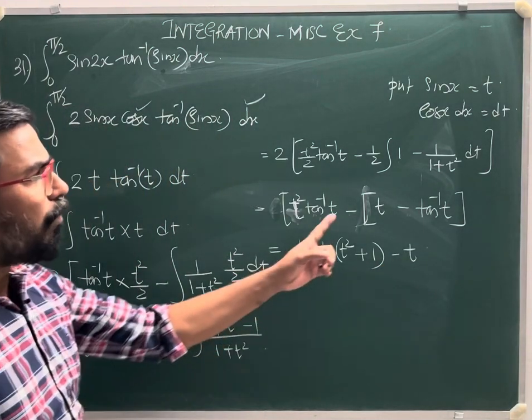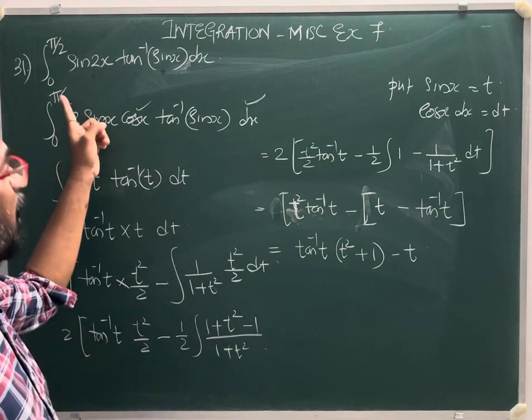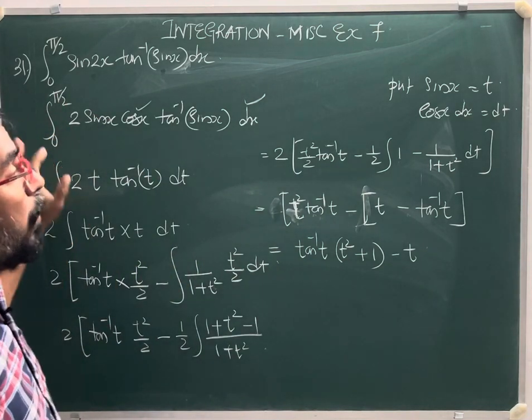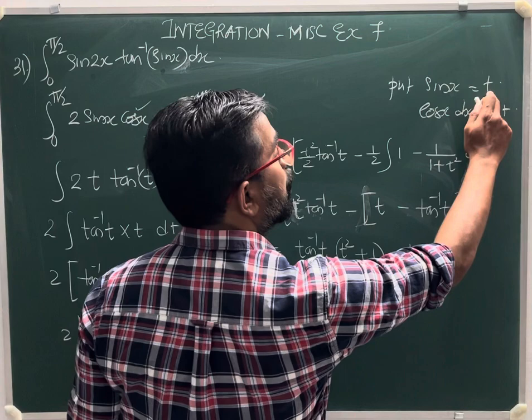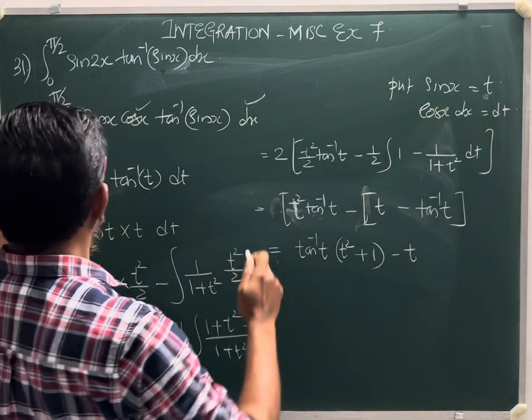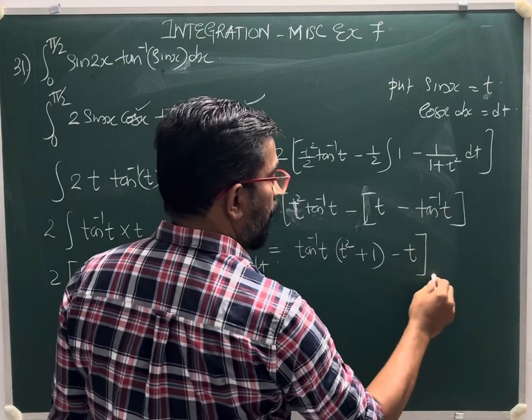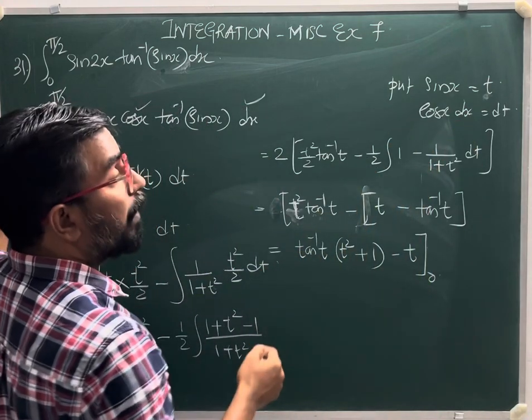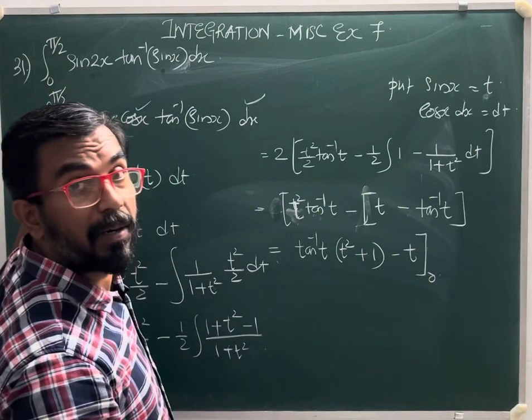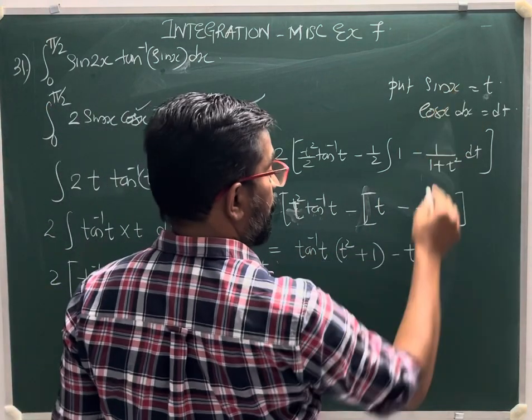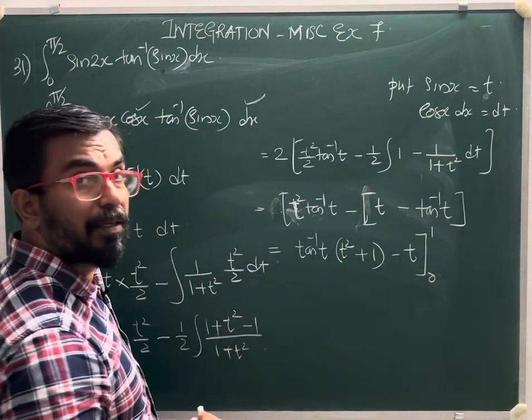Now we will put it back, otherwise we have to change the limit, or you can change the limit. When sin x is t, if x is 0, t also will be 0. If x is pi by 2, pi by 2 is the upper limit for x. If you put here pi by 2, that will become 1. That is a little more easier.